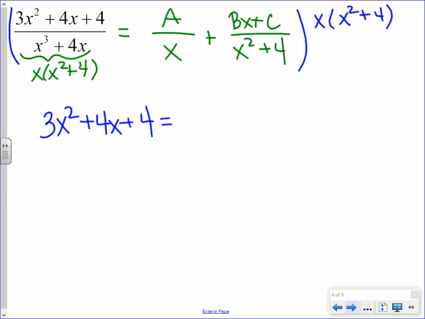Okay. A is left to multiply to what? x squared plus 4, because these x's will cancel. And then the quantity bx plus c, x squared plus 4's cancel out, is being multiplied to x. It is important that you put that linear factor in parentheses, because all of it is being multiplied to x.